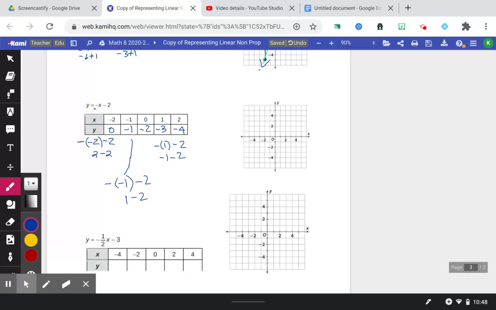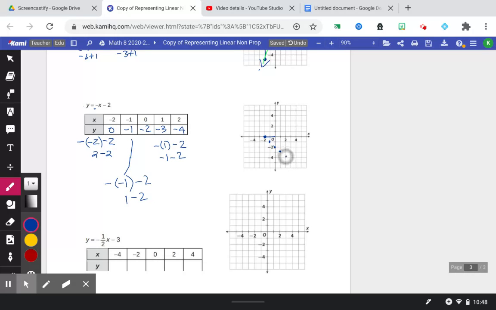Okay? All right, we're going to plot these. So my x, I go to the left to negative 2, and then I'm going to have a y coordinate of 0. So it's going to stay right where it is. All right, negative 1, negative 1. Go to the left to negative 1, go down to negative 1. 0, negative 2. Positive 1, go to the right 1, down to negative 3.